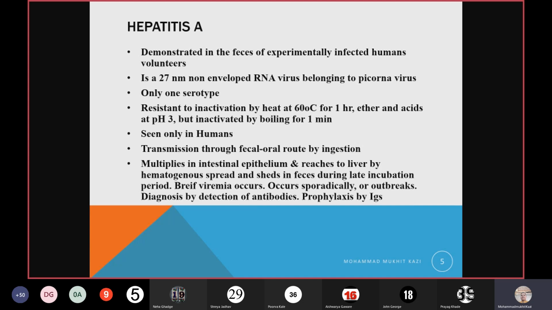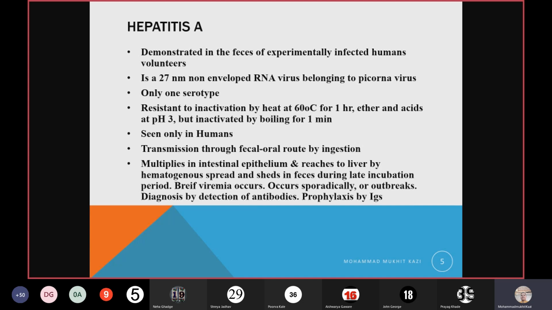They can be inactivated with ether and acids, and low, acidic pH is useful in inactivating this virus. But it is inactivated by boiling for 1 minute. So if you boil any infected material for 1 minute, hepatitis A virus is easily inactivated.